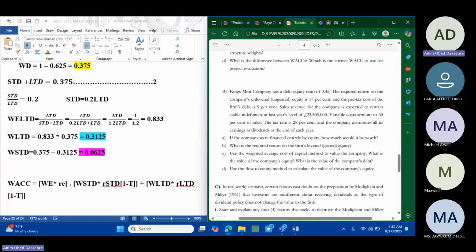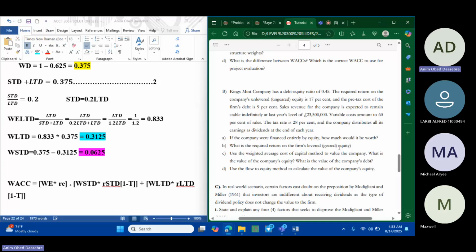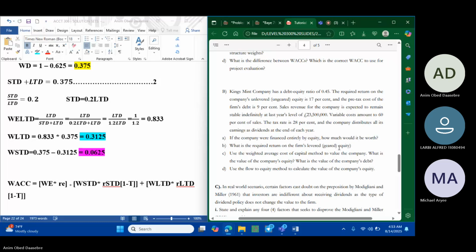So the B, how are we going to solve it? How do we find the cost? If only equity, we need to find the cost of the company using only equity.